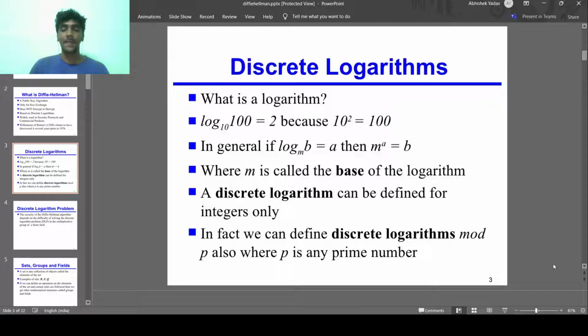This is what a logarithm is. And now, what is a discrete logarithm? A discrete logarithm can be defined for integers only. So for discrete logarithms, m and b are going to be integers only. In fact, we can also define discrete logarithms mod p, where p is any prime number we can choose randomly.